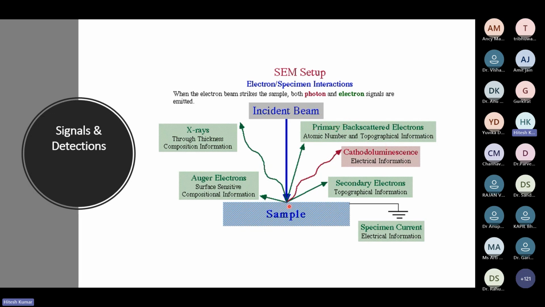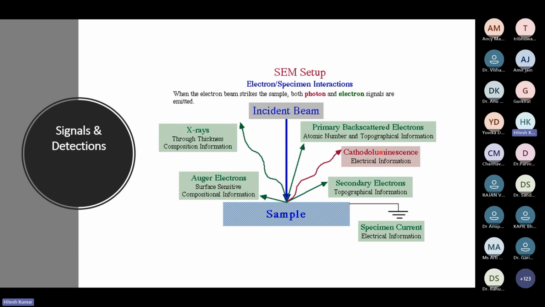For that, the interaction of your electrons with your sample should be deeper. There you will get phase contrast as well as topographical information. Both can be obtained with the help of backscattered electrons. Later we'll talk about what type of interaction it is, elastic or inelastic.